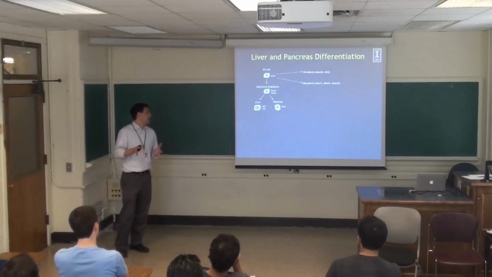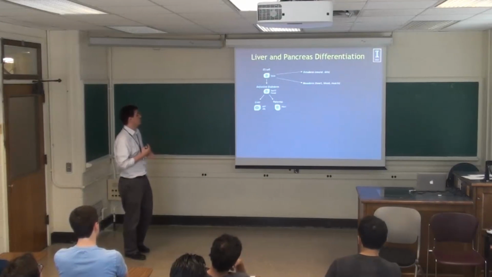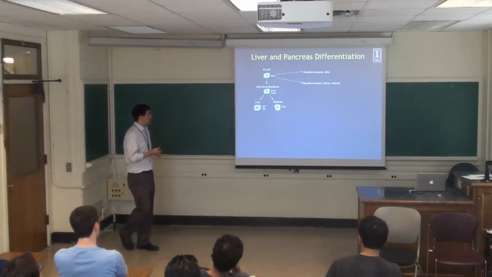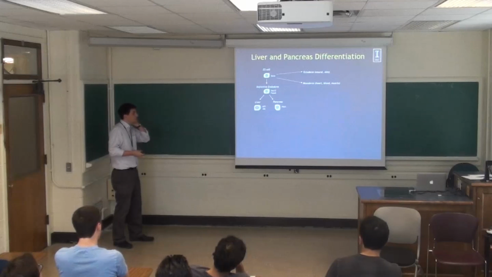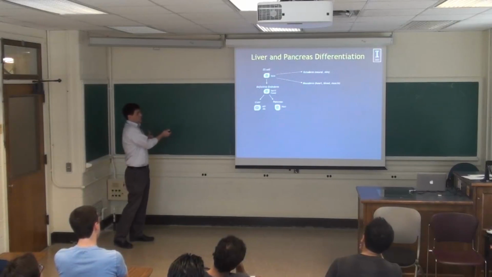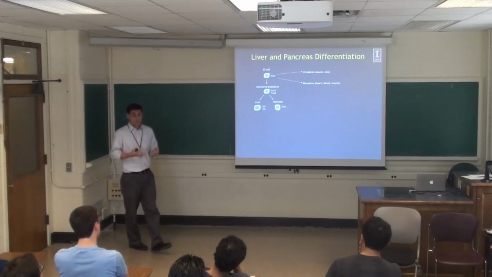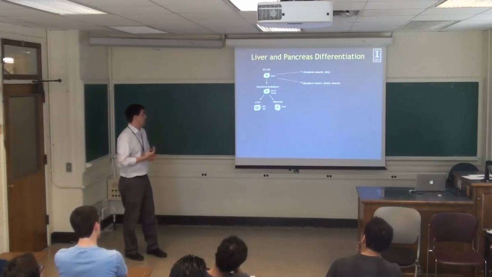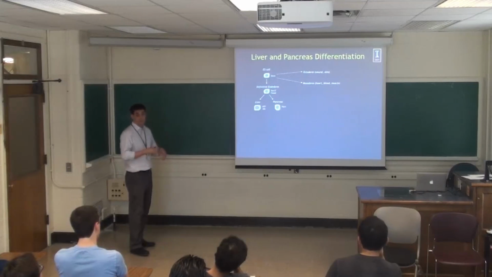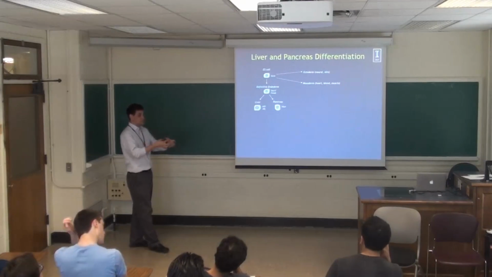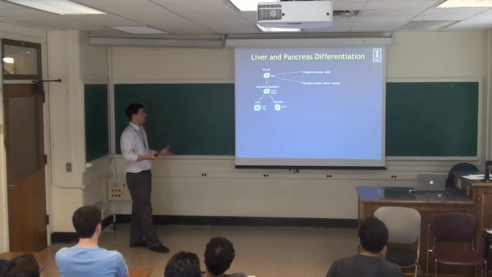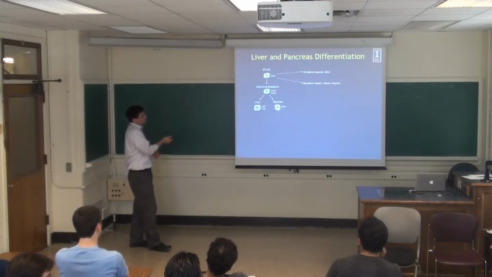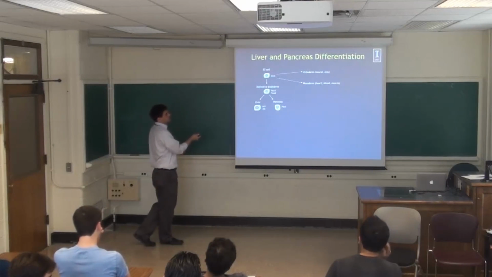A little bit more background on the particular cell system I'll be talking about today is the differentiation of liver and pancreas. An embryonic stem cell is pluripotent, so it can become all the cells of your body. The first fate choice that cell sees, in the embryo, is that the ES cell can become either ectoderm, which then becomes neural lineage or skin.